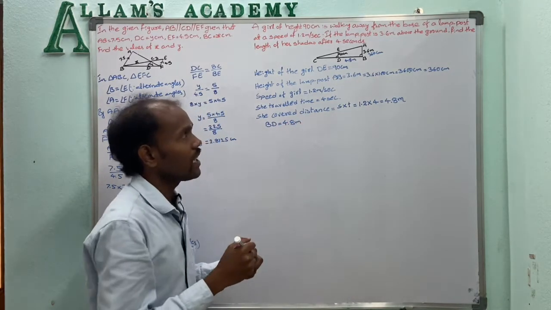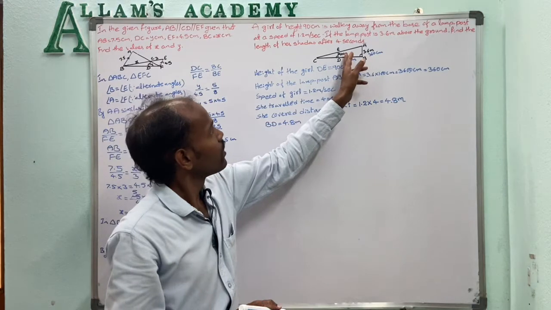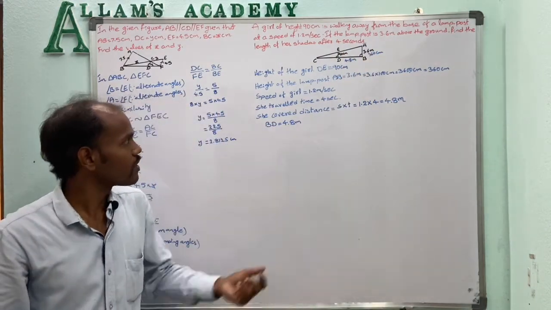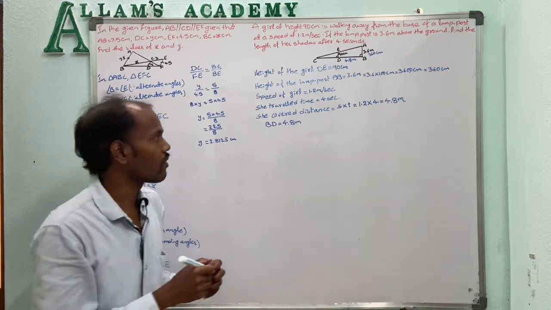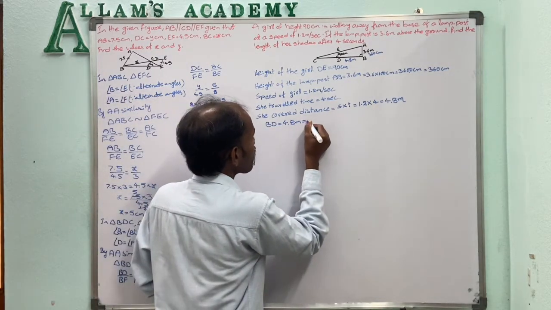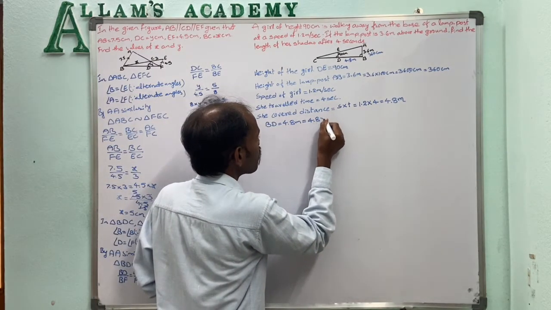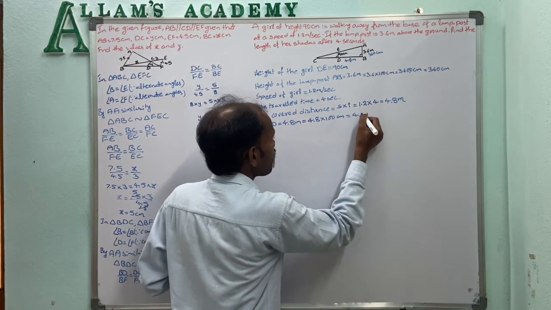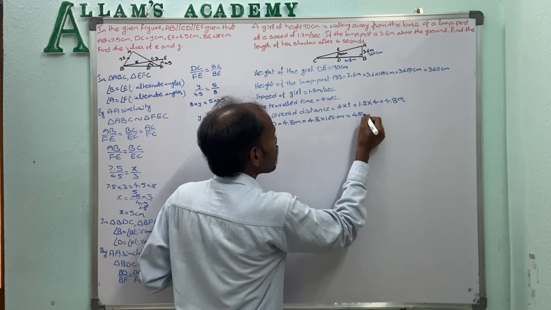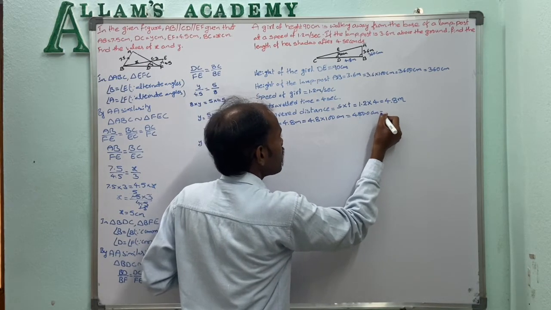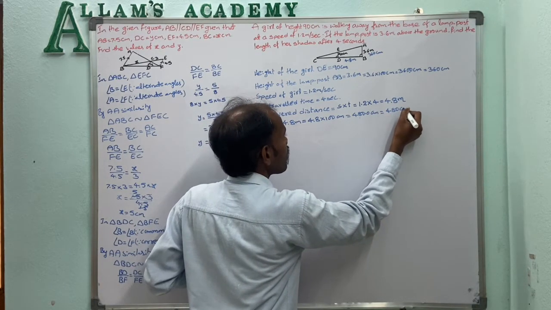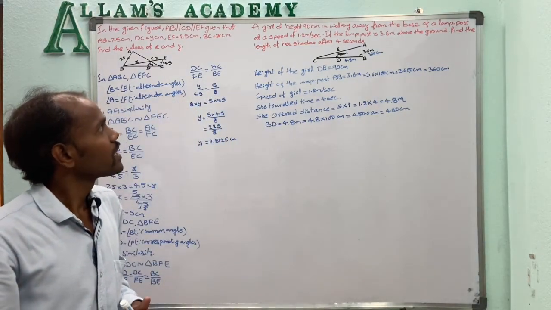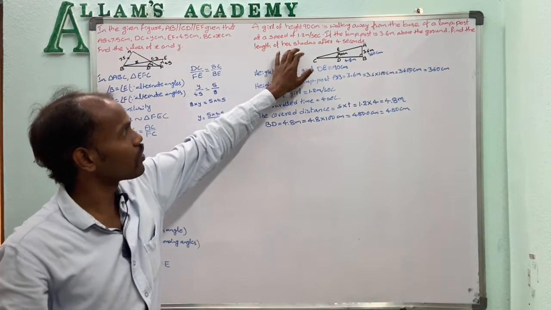But here we are taking the information in centimeters as units, so this meters will be converted to centimeters. 4.8 into 100 centimeters is nothing but 480 centimeters. Now her shadow length we have to find.